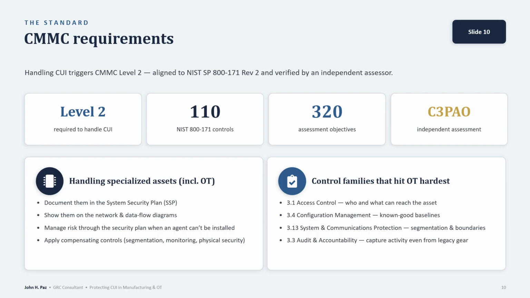You may not be able to put an agent on a CNC machine, but you still must document it in the SSP, show it on your diagrams, and manage it through the security plan with compensating controls. The families that hit OT hardest are access control, configuration management, system and communications protection, and audit.